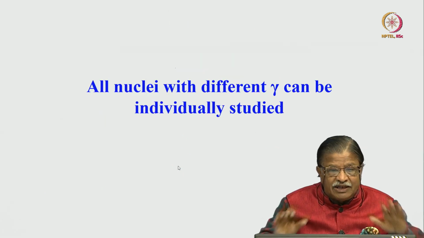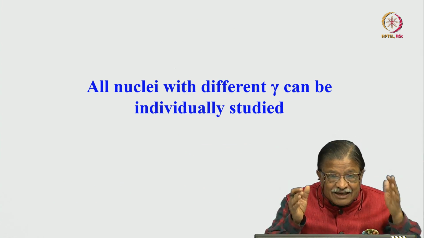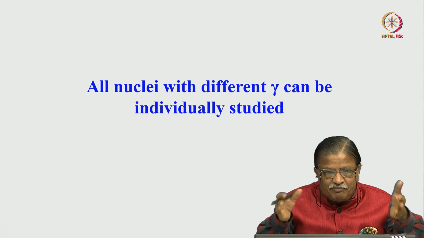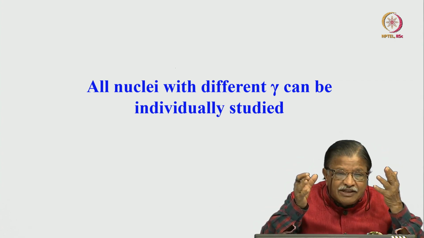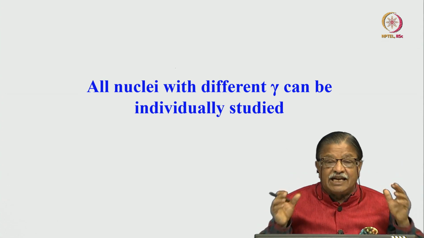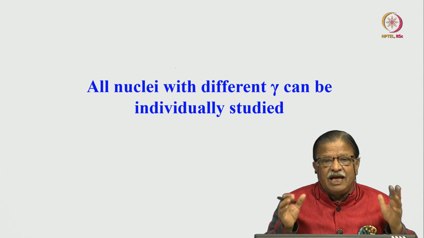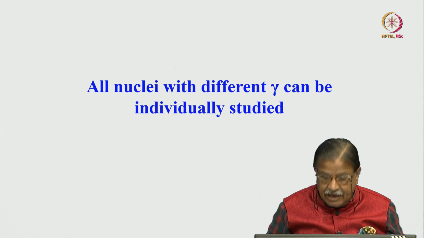So all nuclei with different gyromagnetic ratio can be individually studied. That is the beauty, because in the periodic table there are so many elements, and at least one isotope of each element is NMR active. That means every element of the periodic table can be individually studied by NMR.